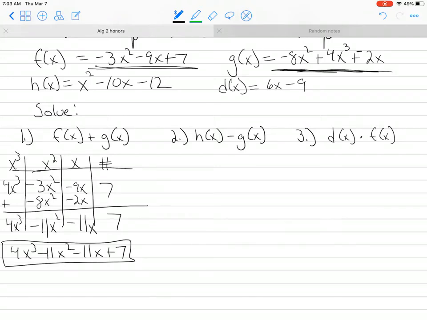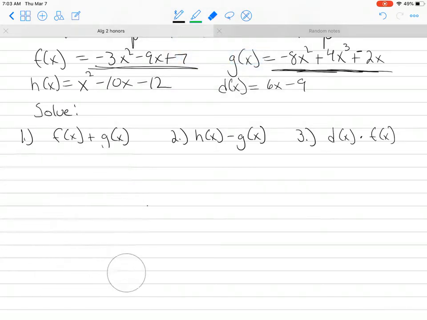All right, we're going to look at number 2. I'm going to go ahead and actually erase that one. I'm going to look at number 2, which is h of x minus g of x. With these subtractions, sometimes I like to write them out because you have to change what the second term looks like.